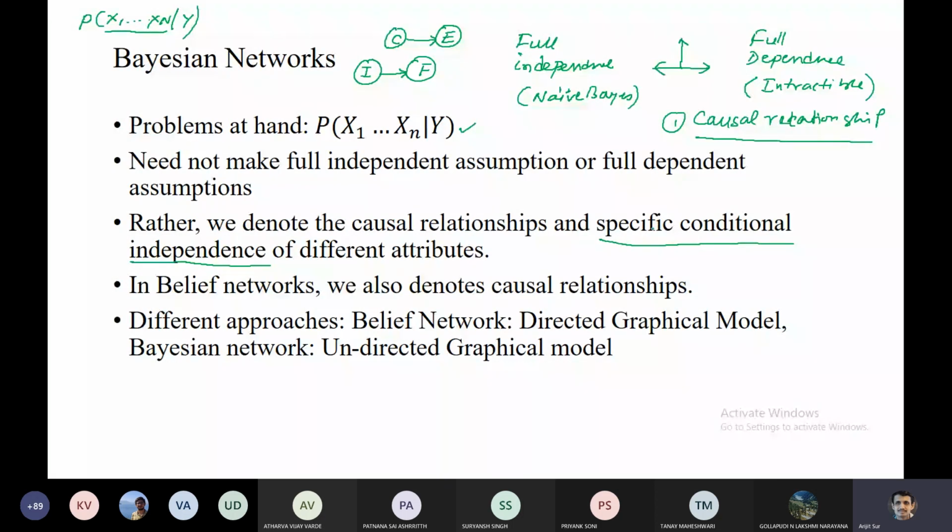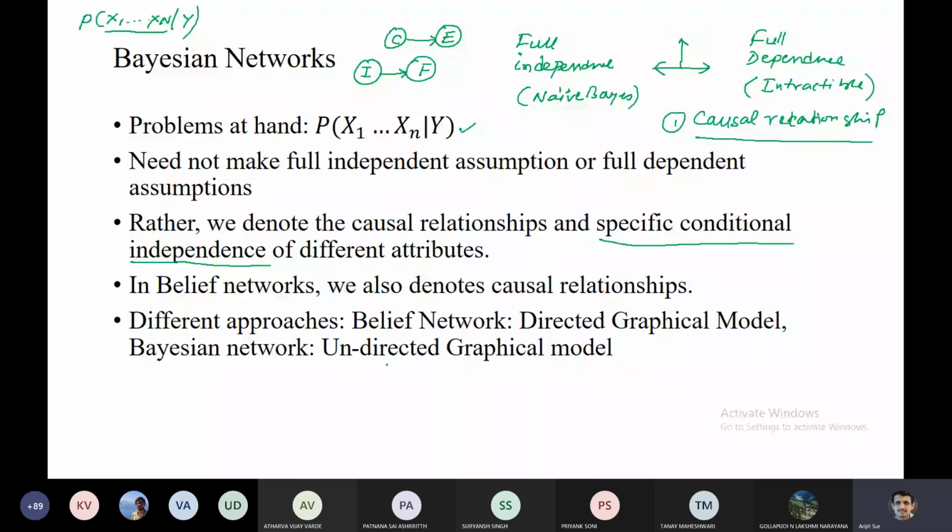In today's class, we try to understand what we mean by causal relationship and what specific conditional independence we are talking about. Another thing that we introduce is a very interesting concept called belief networks. And in a belief network, we denote this causal relationship.